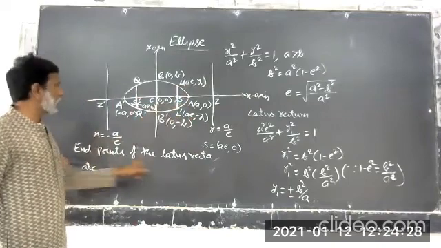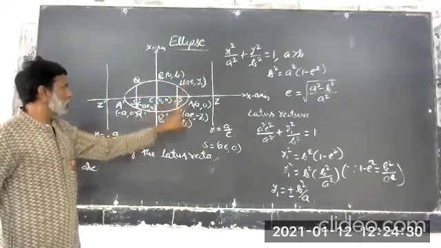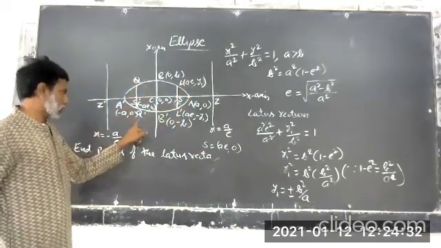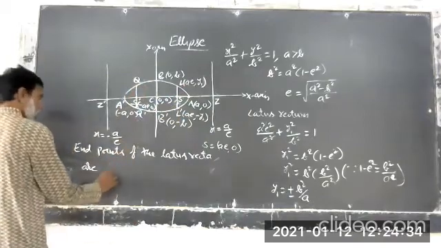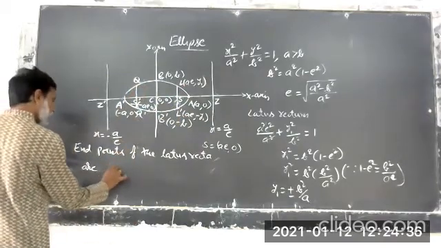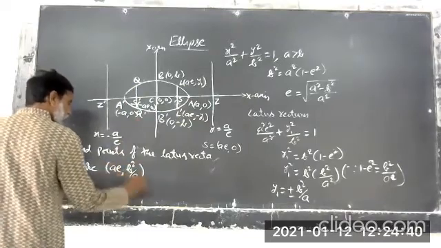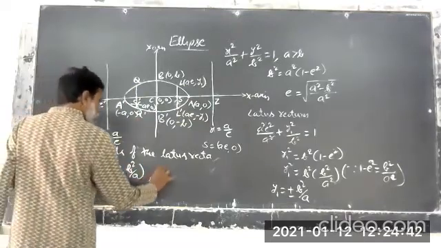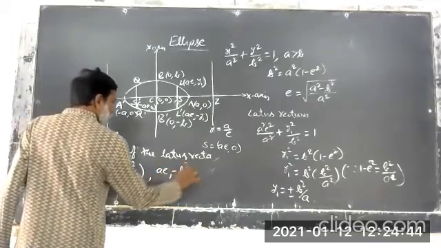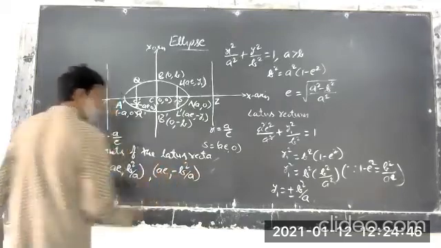Therefore, the endpoints of the latus recta, 1, 2, 3, 4, respectively, we could write: one is (AE, b square by a), the second is (AE, minus b square upon a).